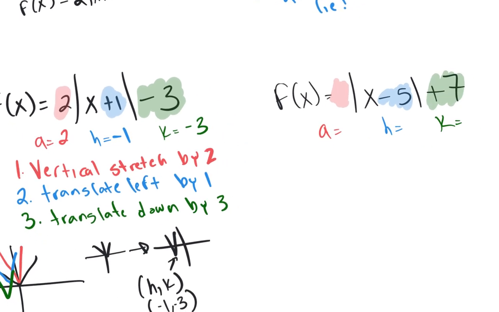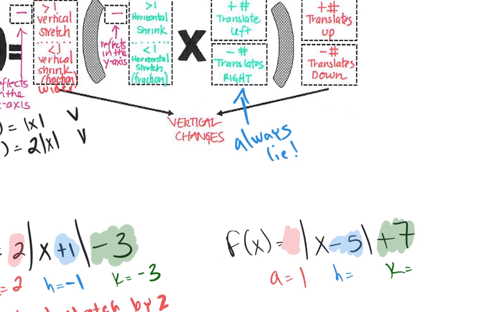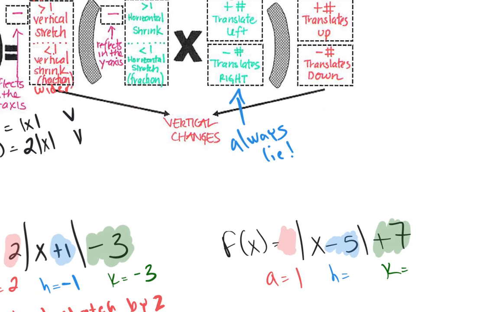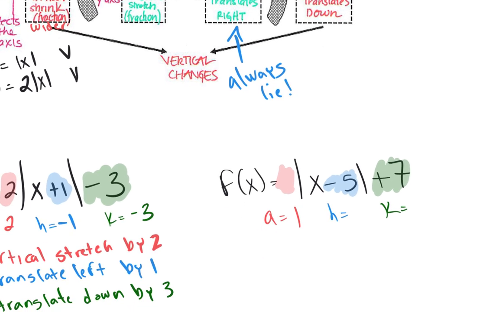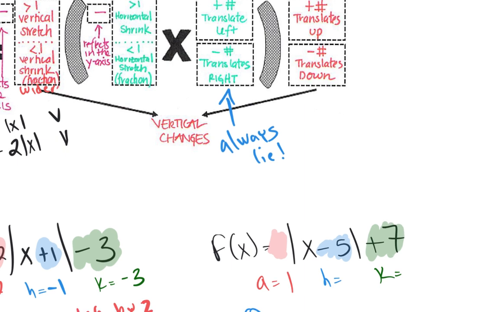Let's do another one real quick. My a value comes from right here. Right now it's a 1. Since it's not greater than 1 or less than 1, that means I basically didn't transform anything there. So that's not really a transformation. Nothing happened. But something did happen at my -5. That's going to be my first transformation. At the -5, because I'm subtracting it, that means I went to the right side.